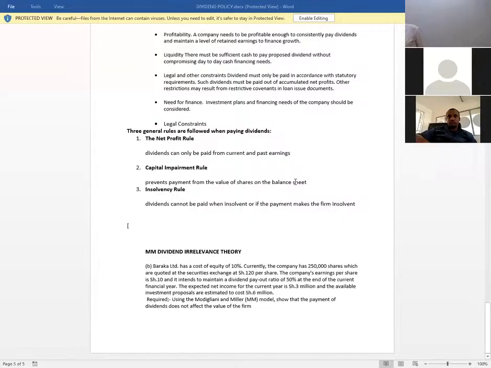We don't want to pay dividends in a way that our capital, our MPS, will go down. And then we have the insolvency rule. If you're insolvent, you should never pay dividends. Dividends cannot be paid when insolvent, or if the payment makes the firm insolvent.